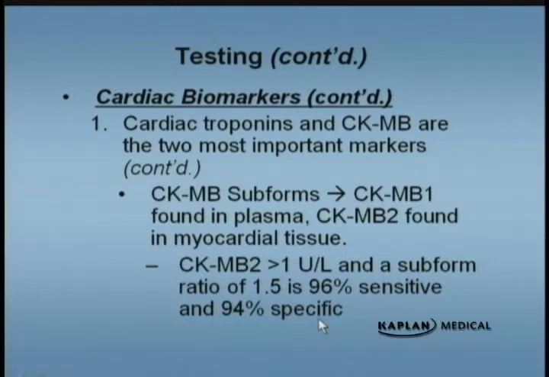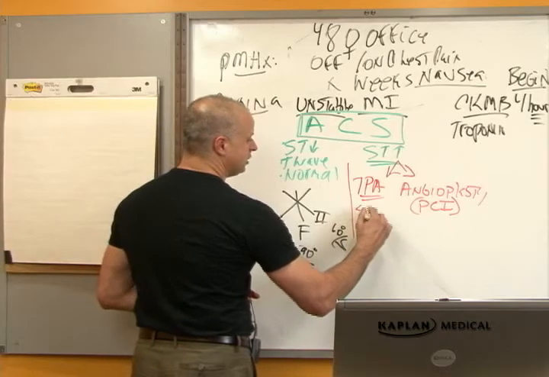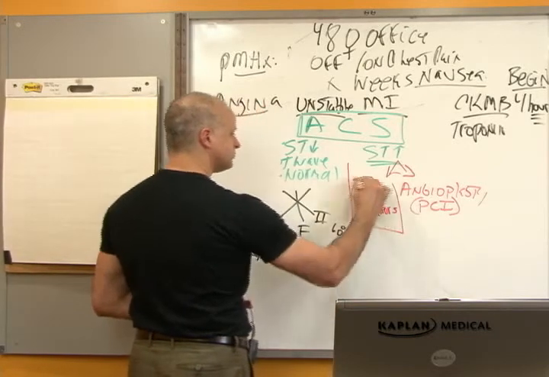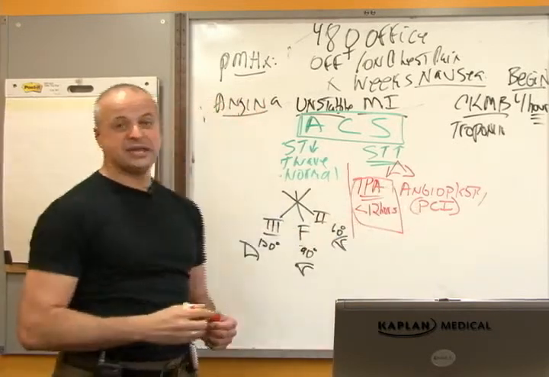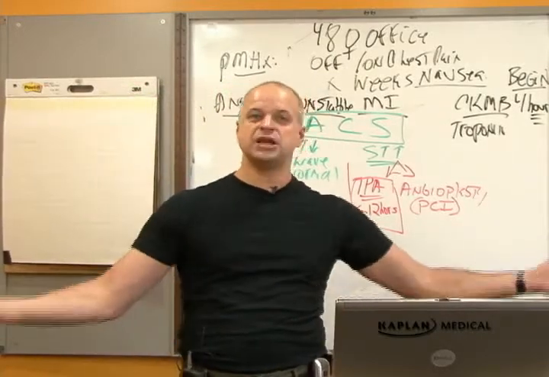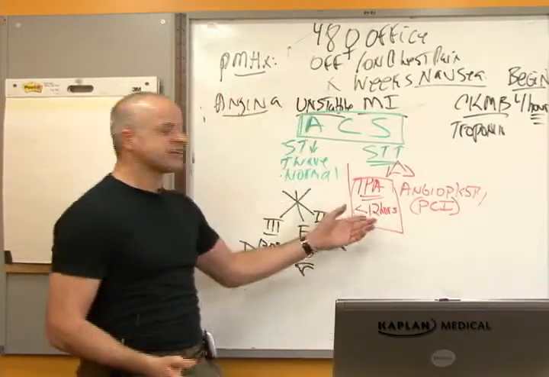Why did we not use CKMBs or troponins to determine thrombolytics versus no thrombolytics? Because thrombolytics are only indicated for how long after the onset of chest pain? Less than 12 hours. So if the CKMB is not up, you can't use it as your measure of whether to give thrombolytics.